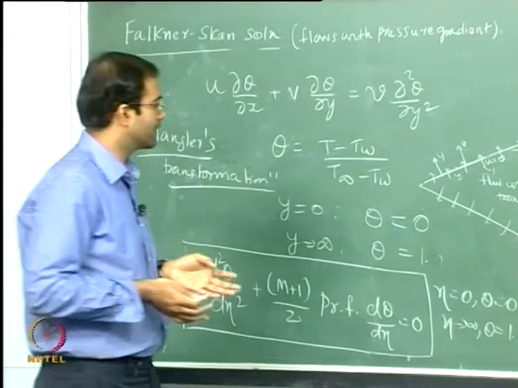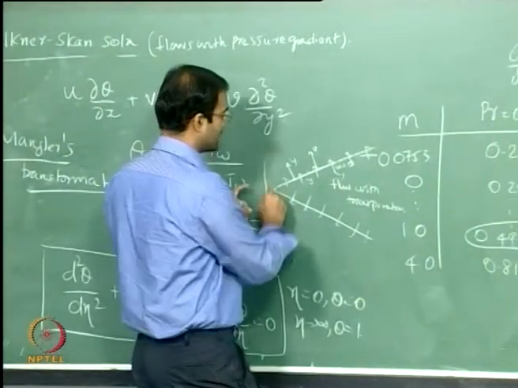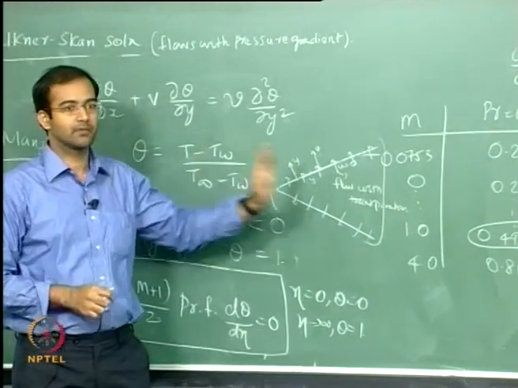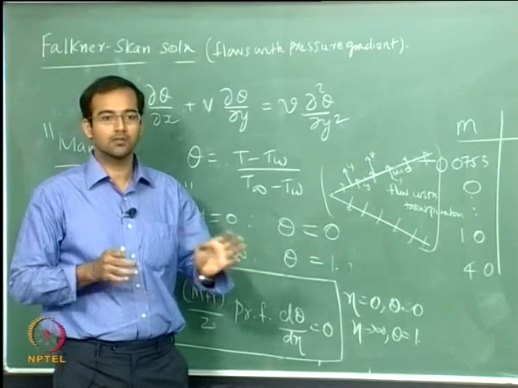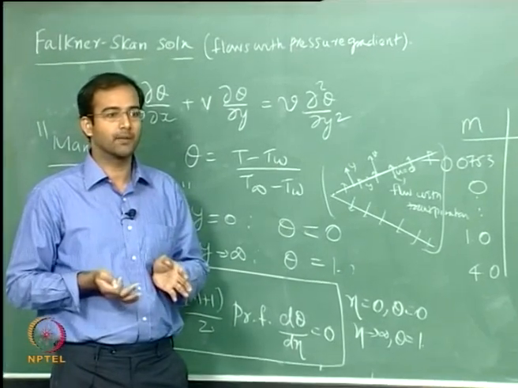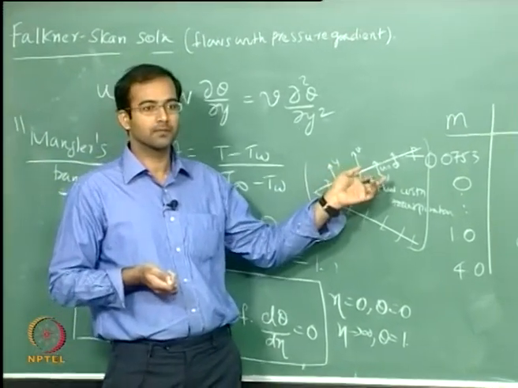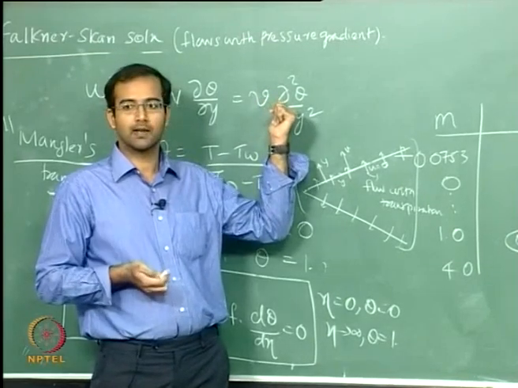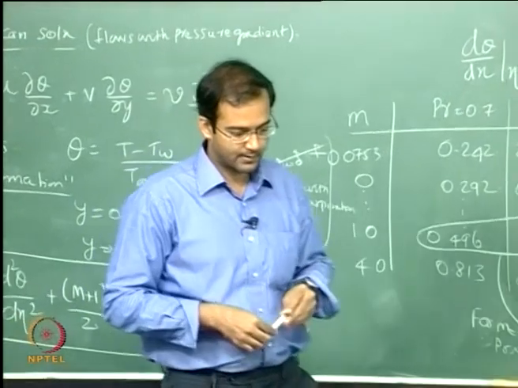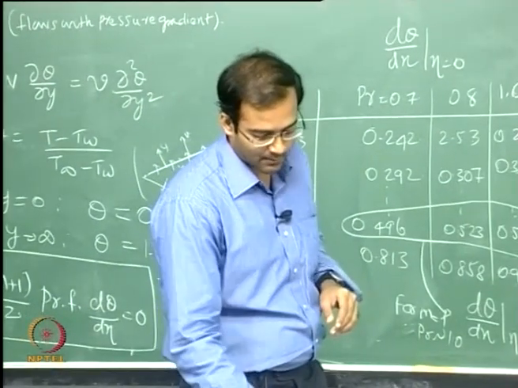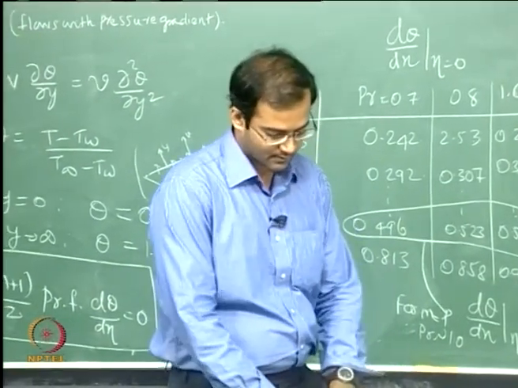If you do this solution, this will be the most general solution for whatever we have seen till now. That includes all kinds of configurations, also different kinds of boundary conditions. For the limiting case where v equal to 0, it becomes the solution that we had derived till now. So we will look at this particular case in the next class, and with that we will complete the similarity solutions.